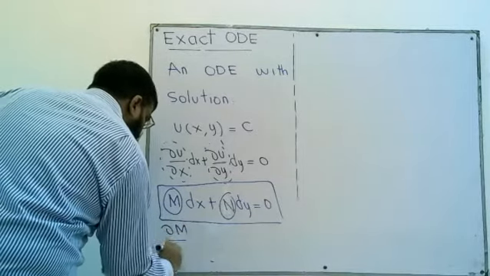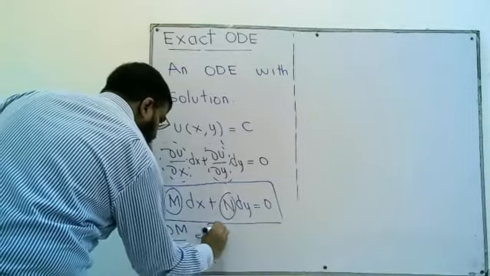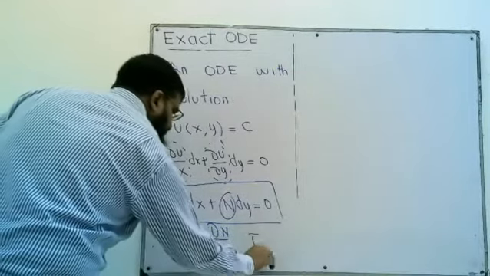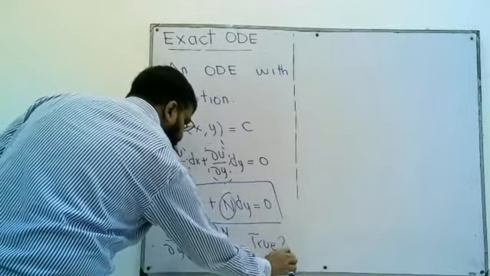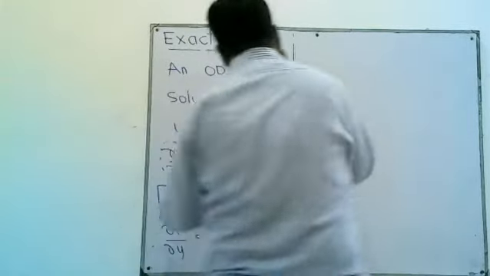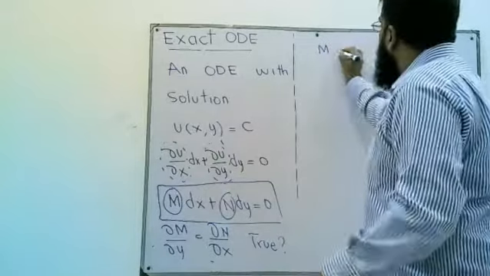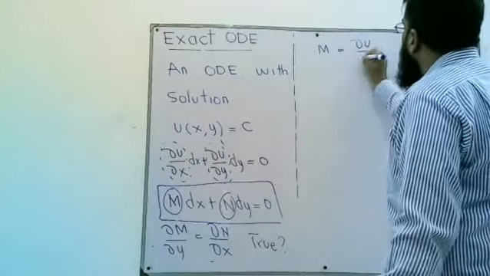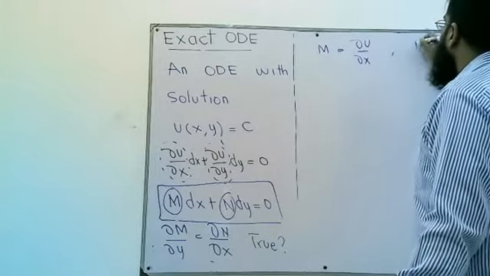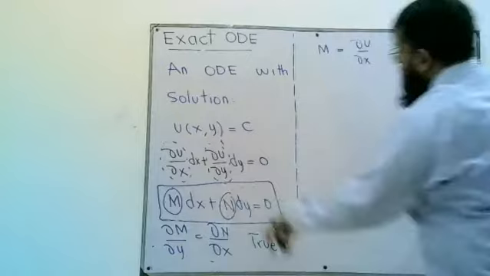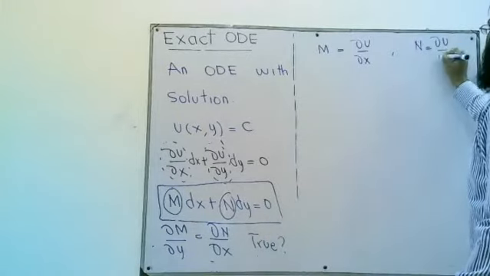Partial M over partial y is partial N over partial x. You have to check if this is true. If it is true, what would be the solution? You have put M equal to partial u over partial x, or N equal to partial u over partial y.